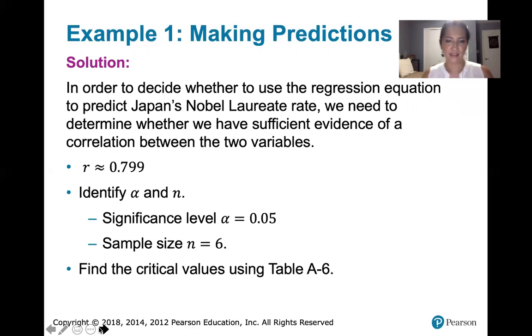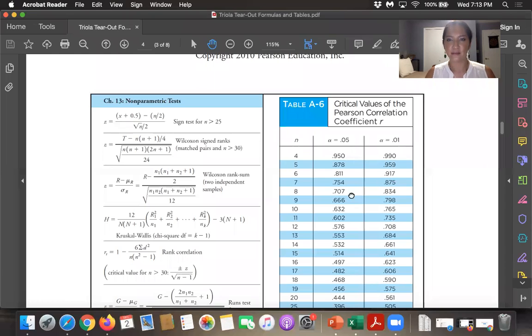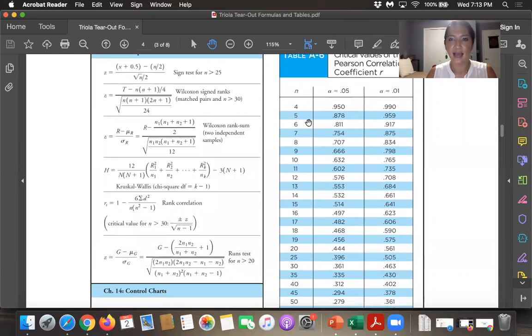Now that we know that alpha equals 0.05 and n equals 6, we can find the critical values of r using table A6. So this is table A6, n is equal to 6. Alpha is equal to 0.05.